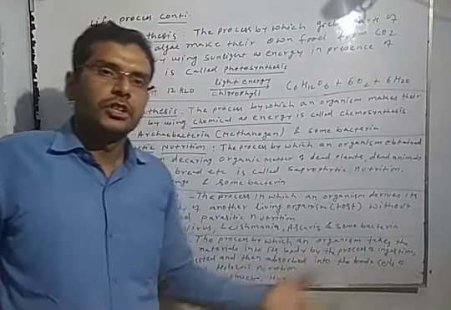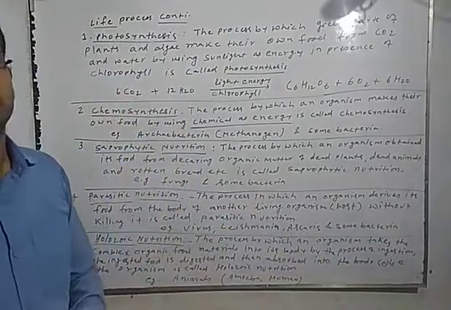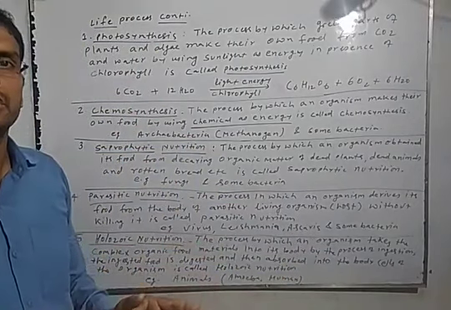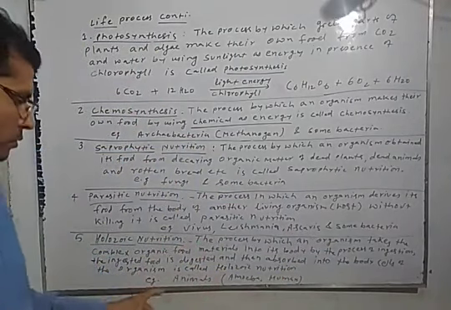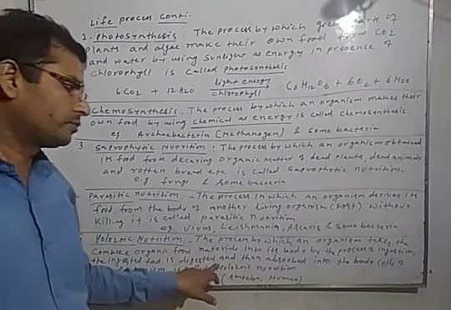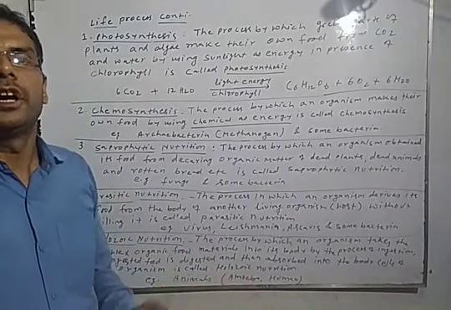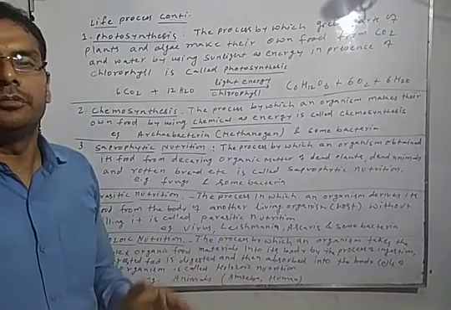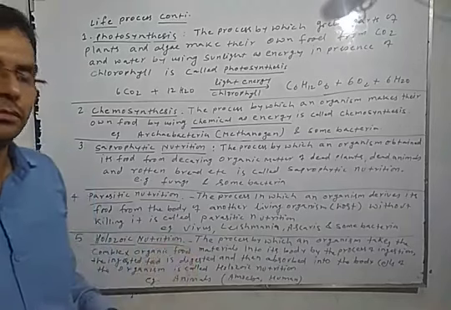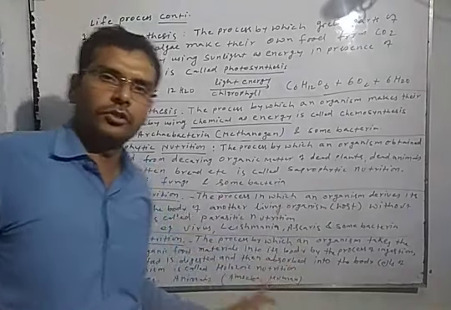That ingested complex organic food is broken down into simple water-soluble forms, called digestion, and that water-soluble digested food is absorbed into the body cells of the organism. That whole process is called holozoic nutrition.